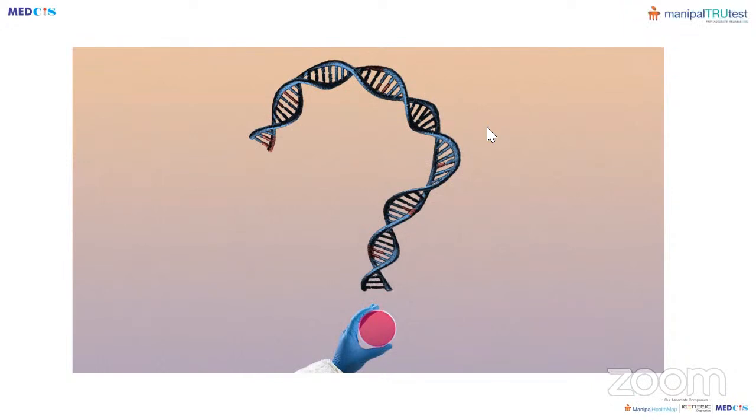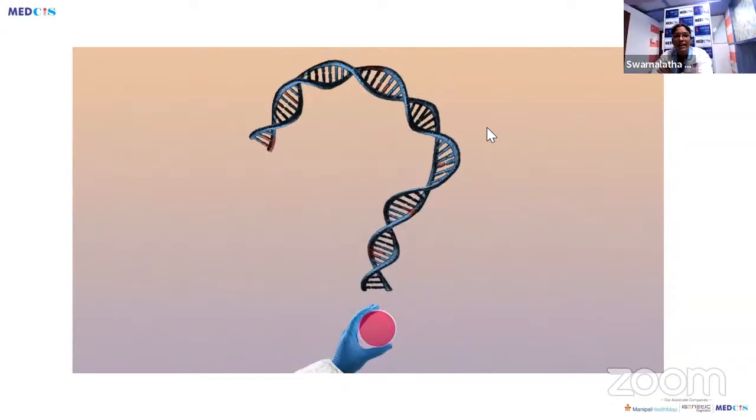Question from Dr. Rohini: is there a genetic basis for vitiligo? Yeah, there are some genetic bases, but very few studies have been done on vitiligo, because there is very little genetic data. It completely depends on the availability of data.